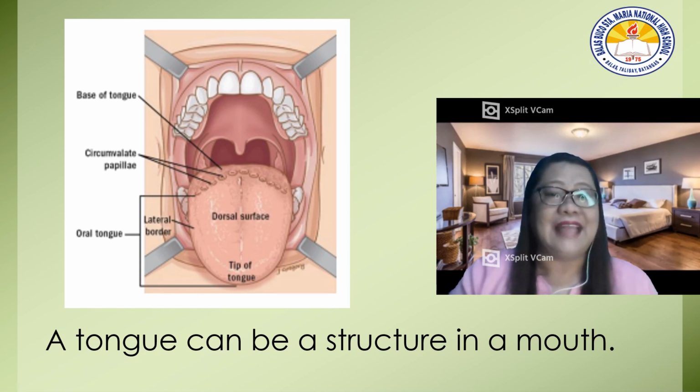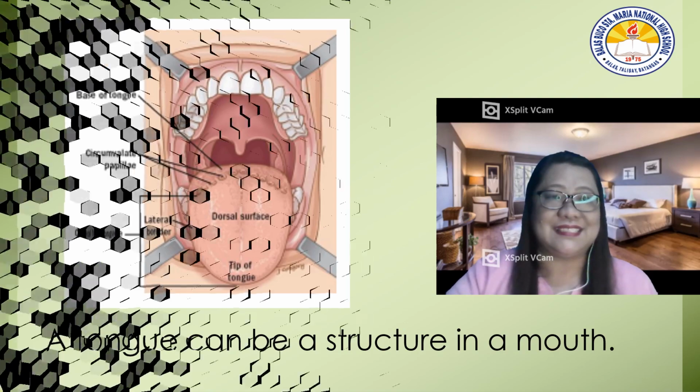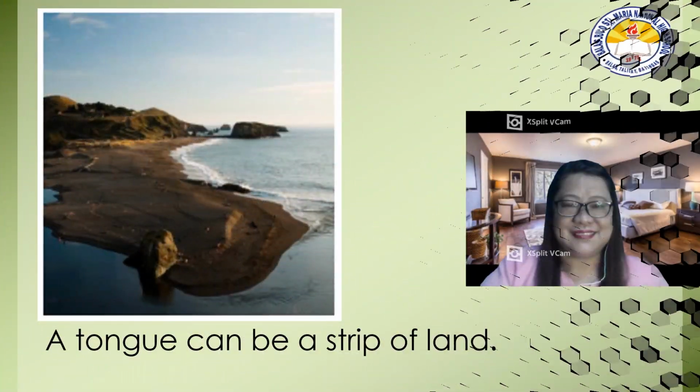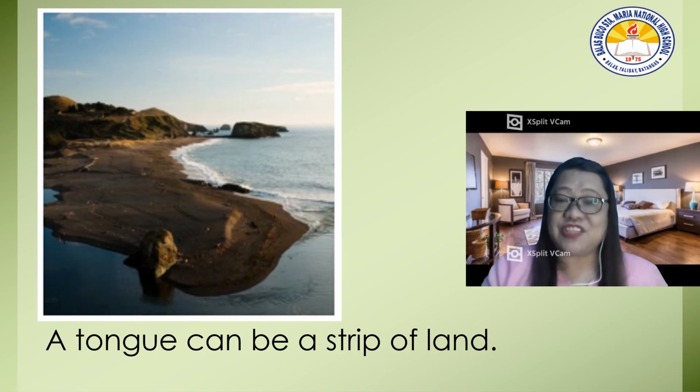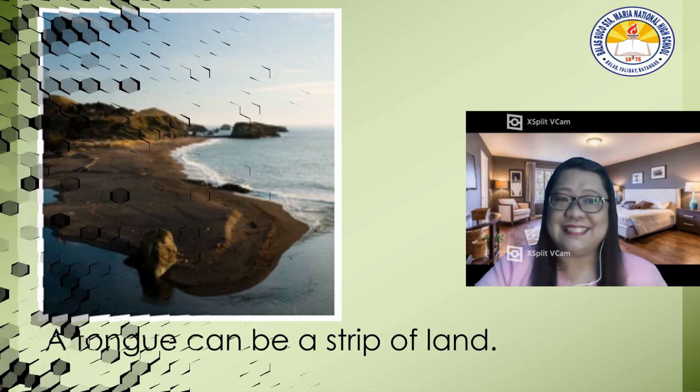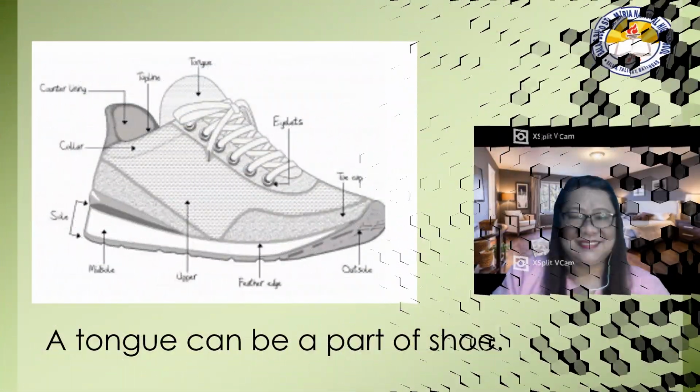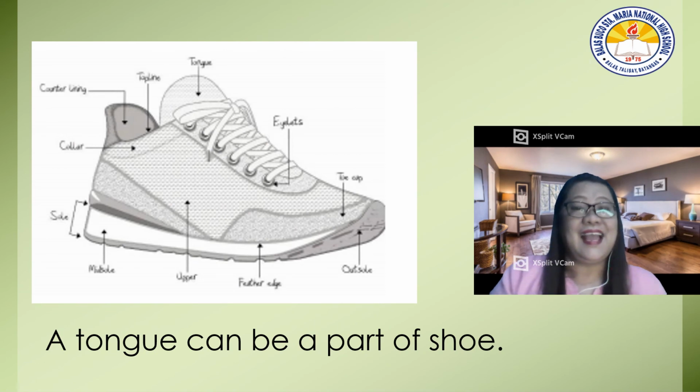First, a tongue can be a structure in a mouth. A tongue can also be contextually defined as a strip of land. A tongue can also be defined as a part of a shoe.